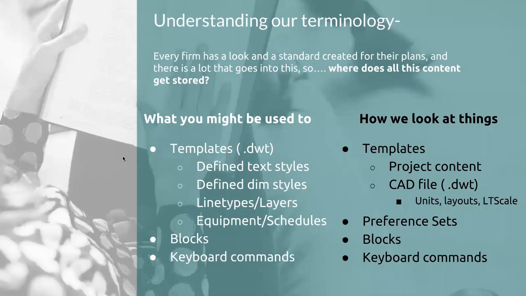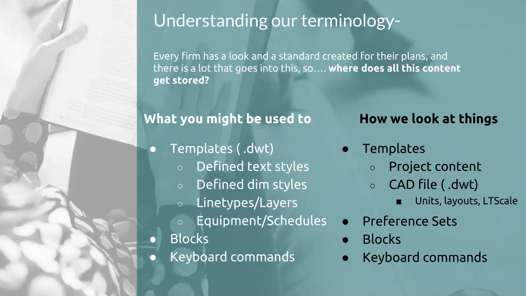Before we get too far into it, let's understand the terminology we're going to go with. We have a standard created for plans that we do, and there's a lot that goes into that. So where does that content get stored? What we might be used to, what we're doing currently, might be what we'll call templates, and that is strictly in a CAD-based context.